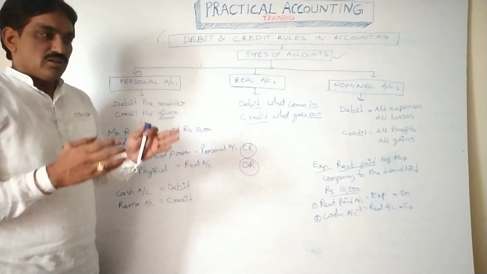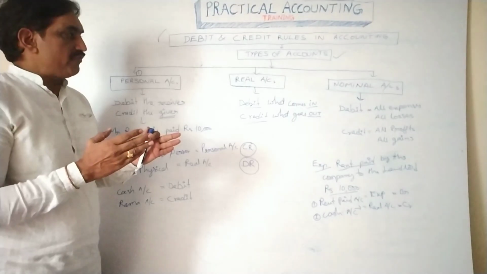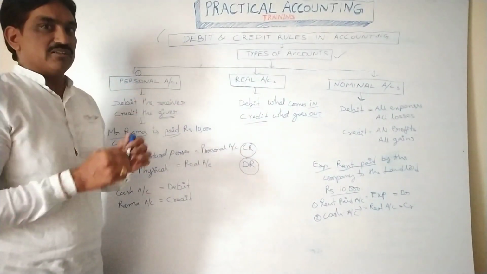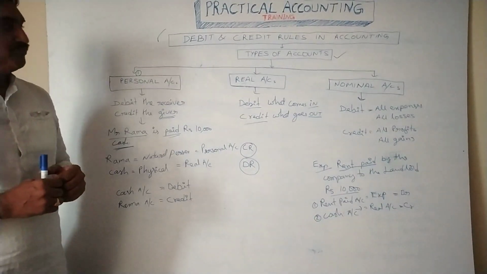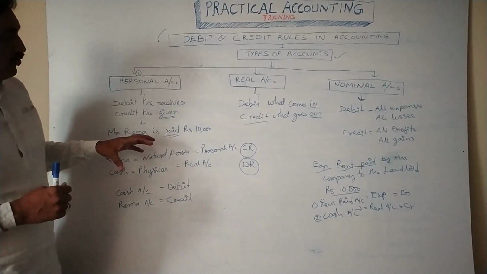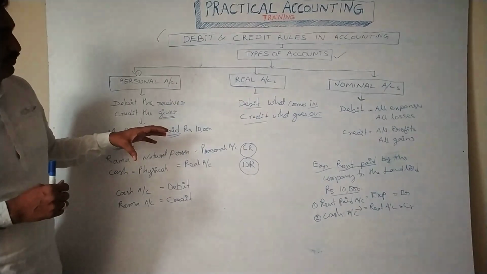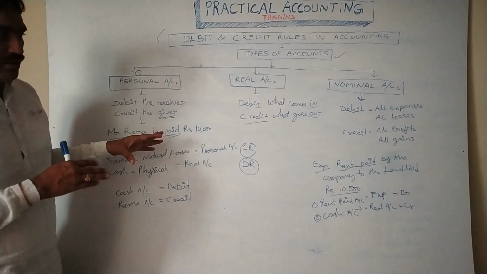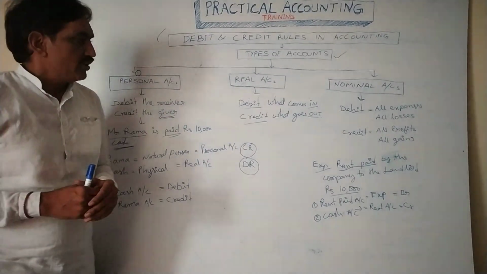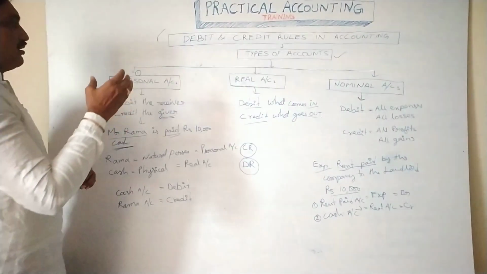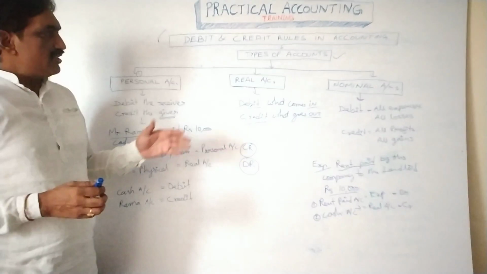Recording means the first step of bookkeeping, the first entry level. If you have done perfectly at the entry level, all the remaining steps will go well. So please be confident in this subject.